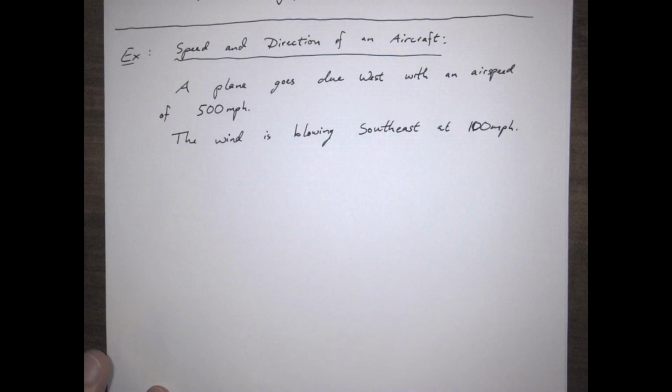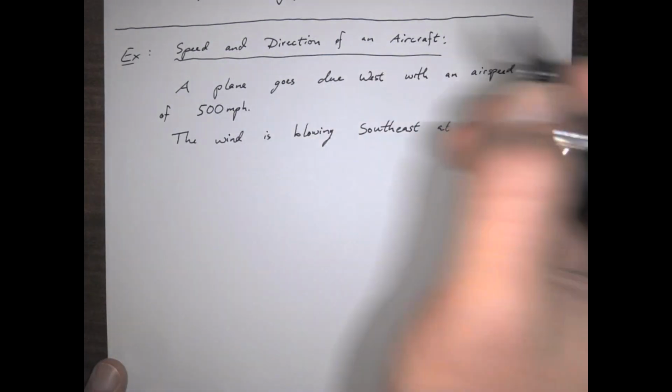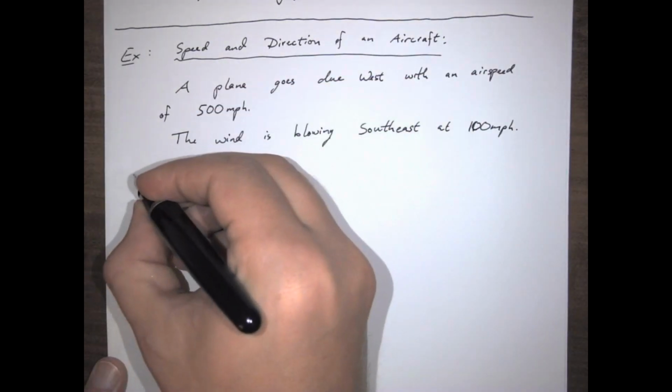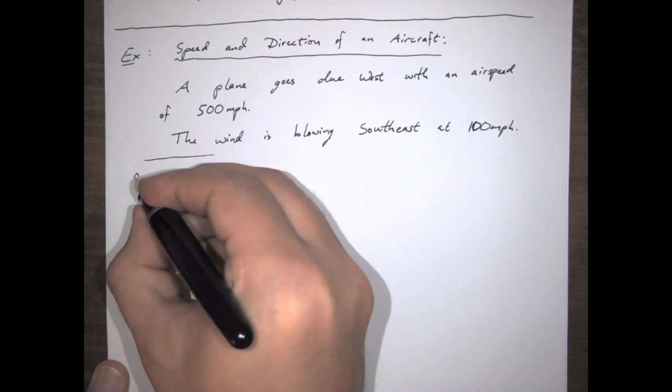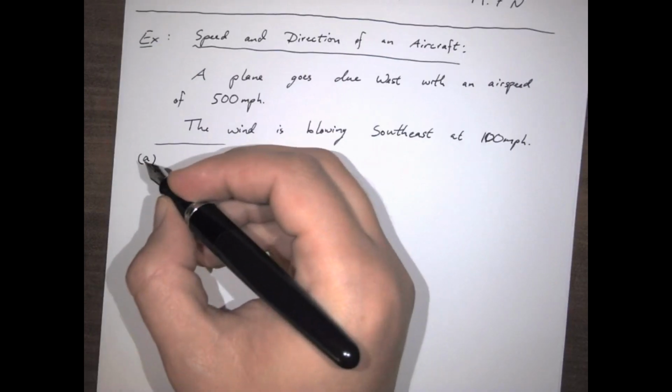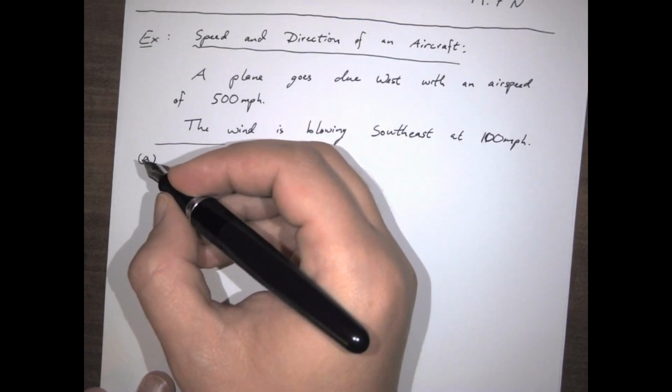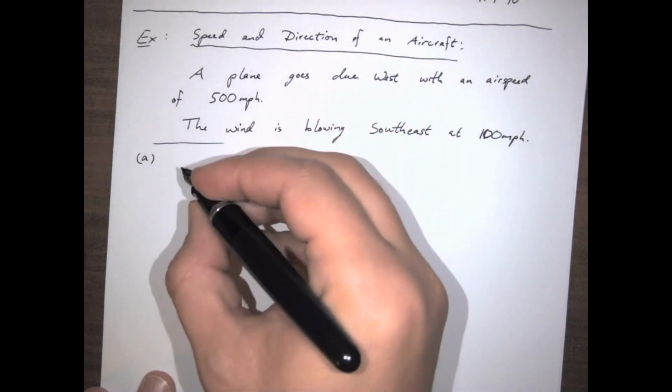So what we can do is take this piece by piece. Step 1. Express the velocity of the aircraft relative to the air.